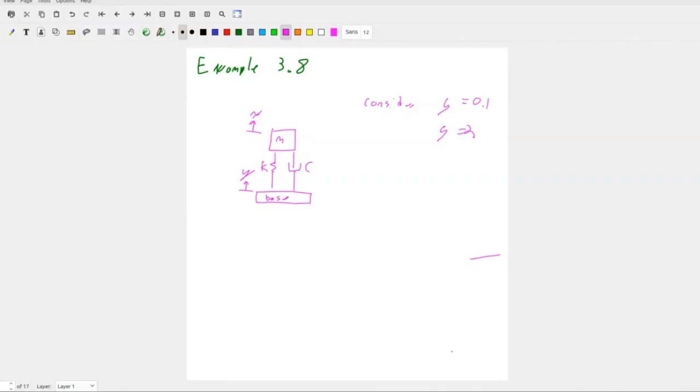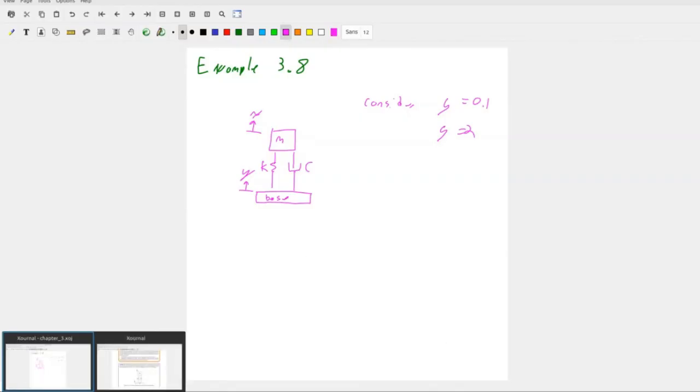So if we plot this out, and again, do we want it to oscillate above or below the natural frequency?